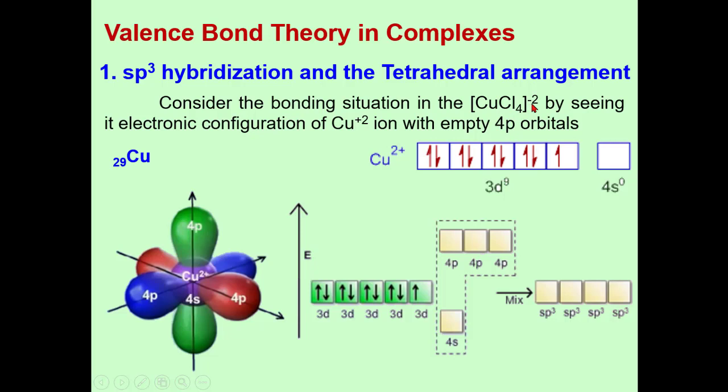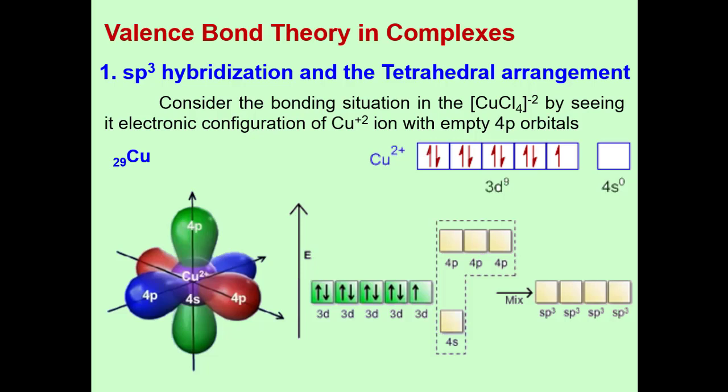So we have to discuss this charge later, but first we have to consider the electronic configuration of copper and the copper ion. For this you may remember copper has atomic number 29, and it has an electronic configuration of 3d10 and 4s1.